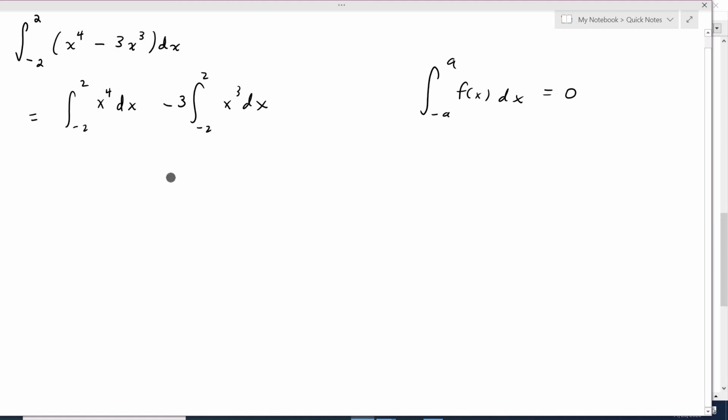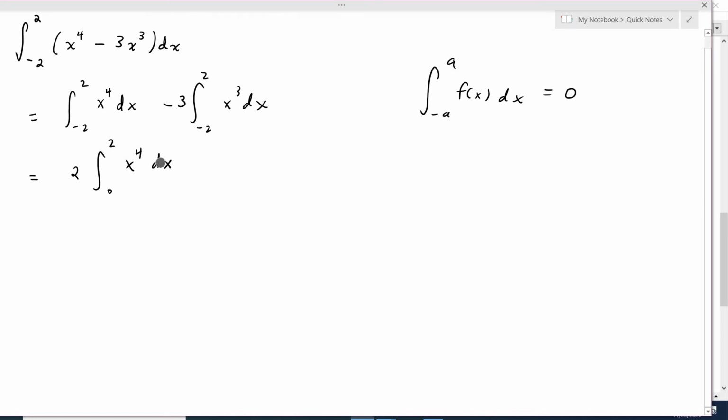Cancel out. Okay, so we know this definite integral is going to be 0. This one, we know that it's twice the definite integral from 0 to 2 of x to the fourth. And that's because this is an even function.